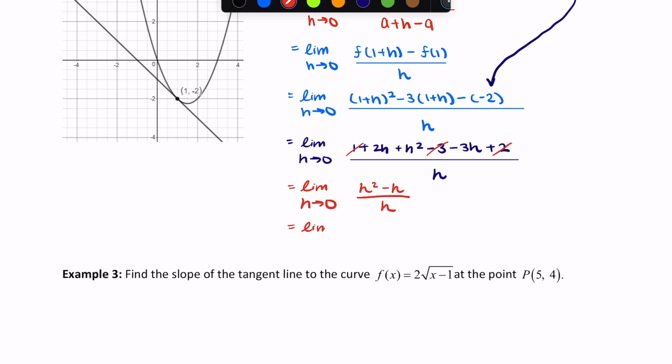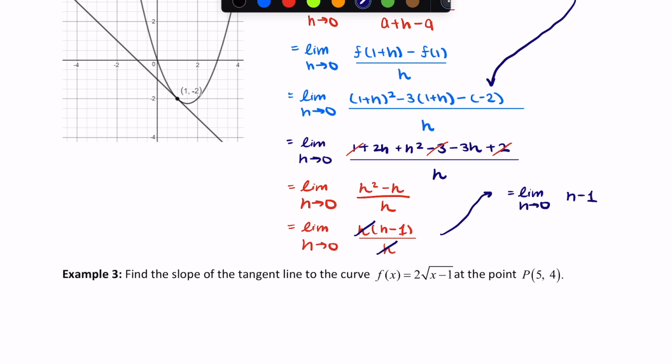Here we can factor out our h value from the numerator. So we'll have the limit as h approaches 0, h(h − 1) over h. The h's will cancel out. And so here we'll be left with the limit as h approaches 0 of h − 1.